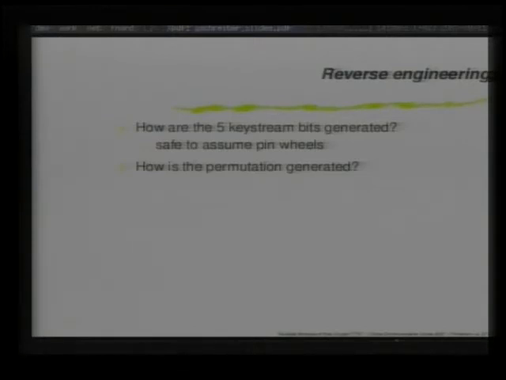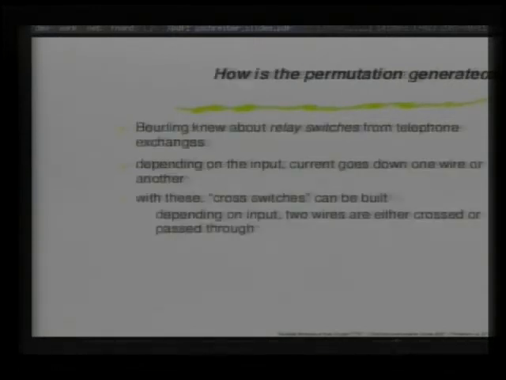And then we know that he said he remembered seeing relay switches used in telephone exchanges. You would have a relay switch which, depending on an input bit, would send the current in a wire either one way or another way.